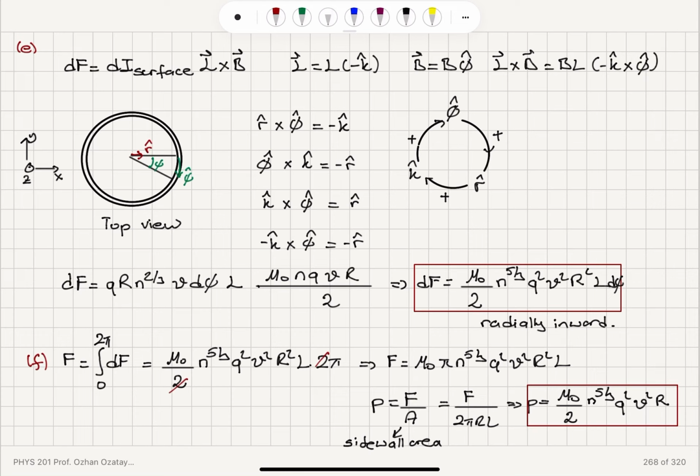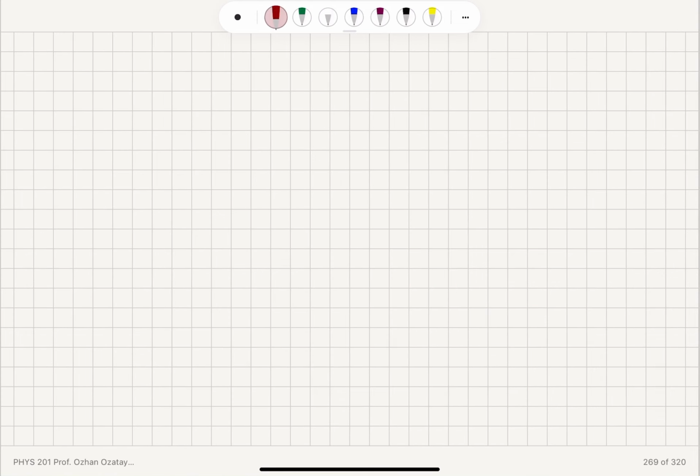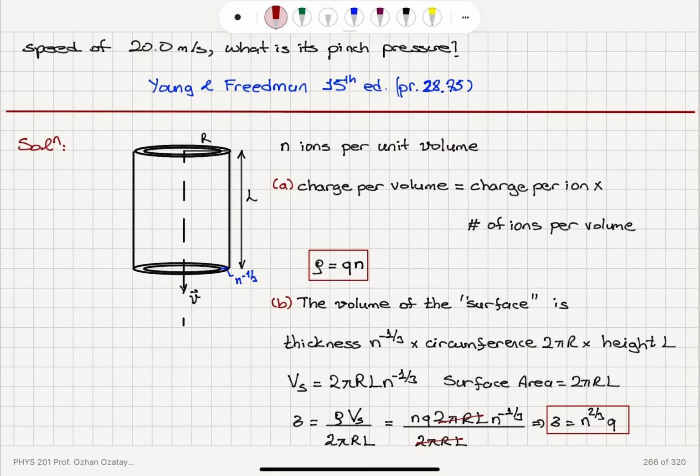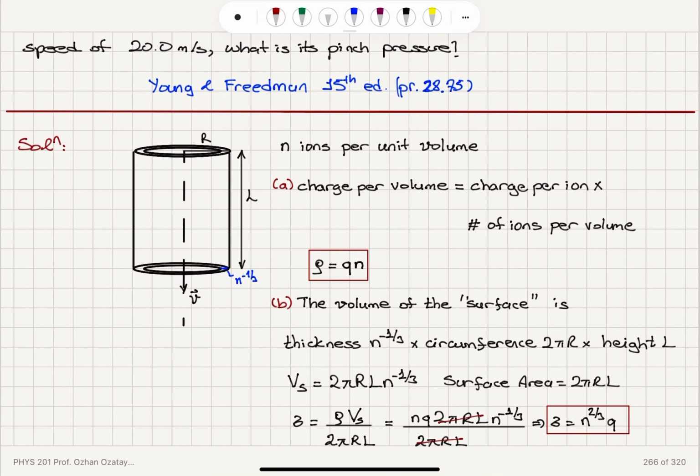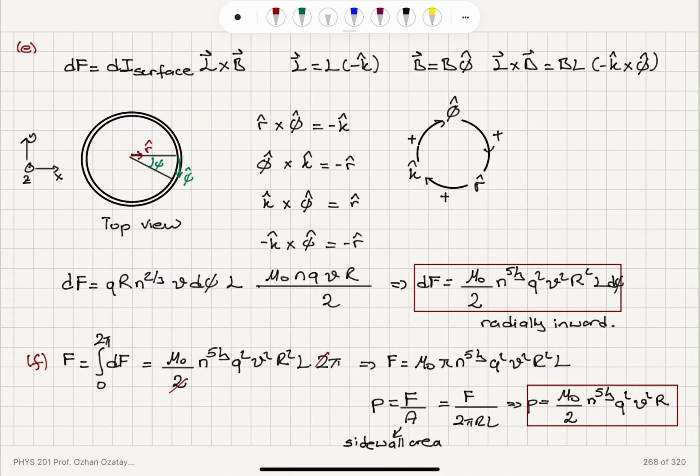Okay, so finally, in part G of this problem, I want to give it some numbers. If a plasma cylinder with radius 2 centimeters has a charge density of 8 times 10 to 16 ions per centimeter cubed, where each ion has the electron charge 1.6 times 10 to minus 19 coulombs and is moving axially with a speed of 20 meters per second, what is the pinch pressure?